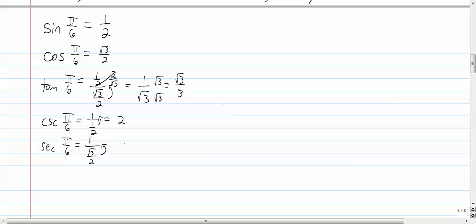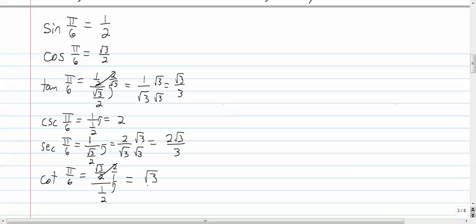So flip and multiply, you get 2 over the square root of 3, rationalize, that's 2 square roots of 3 over 3. And then the cotangent of pi over 6, for 30 degrees, that's going to be the x coordinate over the y coordinate. So flip and multiply, and that leaves you with just square root of 3.